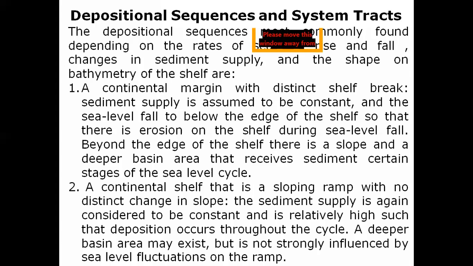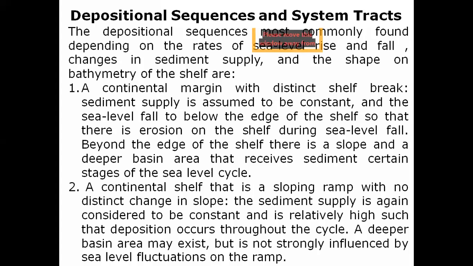So there is no such increase in the slope. The sediment supply is again considered to be constant and is relatively high, such that deposition occurs throughout the cycle. A deeper basin area may exist, but is not strongly influenced by sea level fluctuations on the rim.